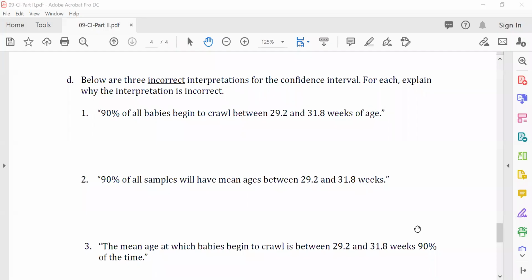Okay, we are back to the main room now. Does anyone want to explain, for example, number 1? Why is number 1 wrong?